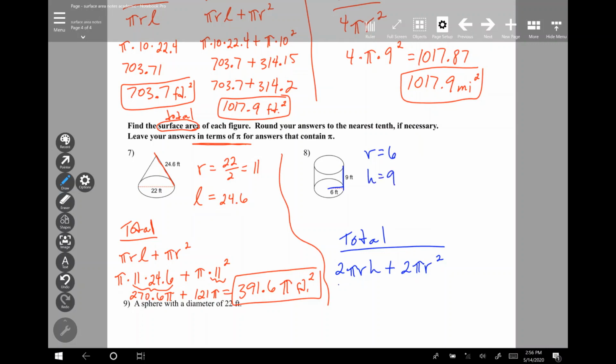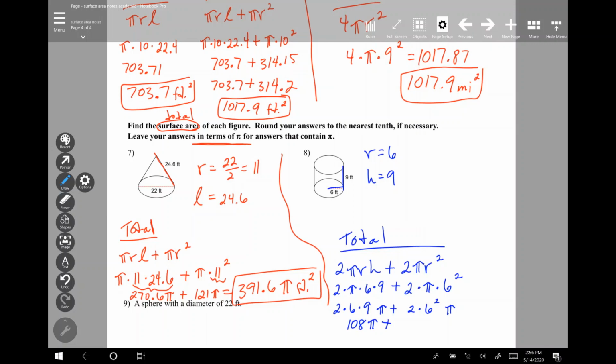So we'll plug this in: 2 times pi times 6 times 9 plus 2 times pi times 6 squared. Here I'm going to plug in everything except for pi. So I'm doing 2 times 6 times 9, and pi will be at the end. And over here I'm going to do 2 times 6 squared, and pi will be at the end there. So 2 times 6 times 9 is 108 pi.